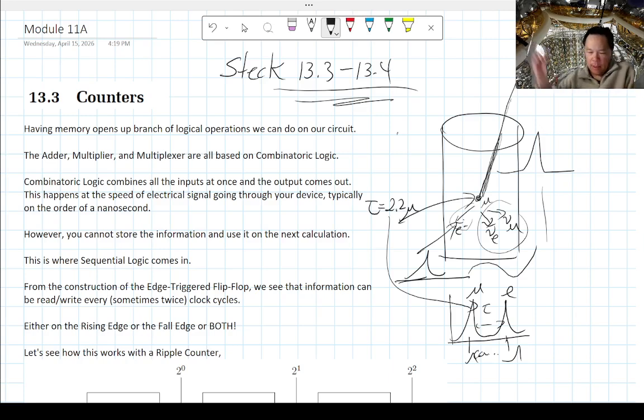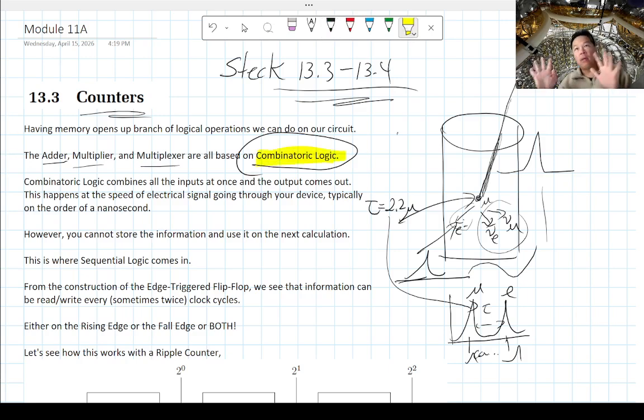But this is different. The counter is different from what we learned so far, which are the adders, multipliers, and multiplexers, which remember are all dependent on combinatoric logic. The idea is that you have some inputs, you put those inputs together in some logic gates, and then the output comes out. And this is always happening.